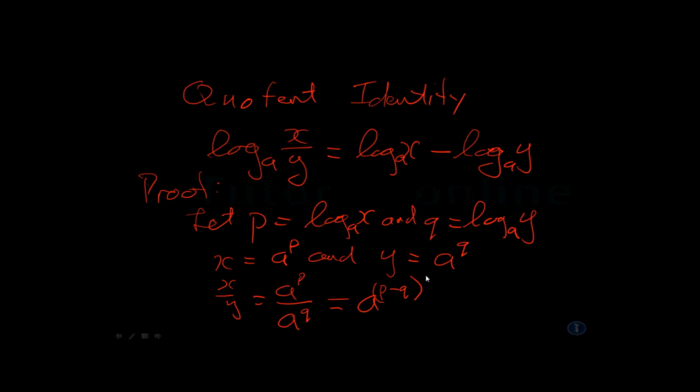Okay, now I can again apply the identity of a logarithm to this equation, and therefore this means that the logarithm of x divided by y to the base of a is equal to p minus q. Okay, we just need some more space here.